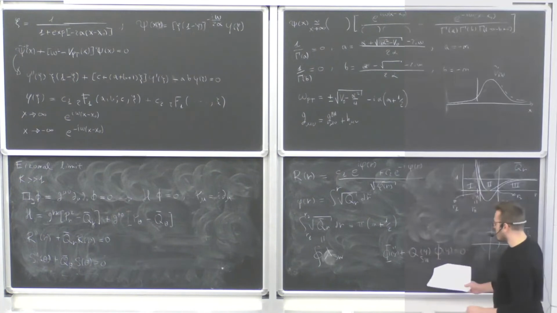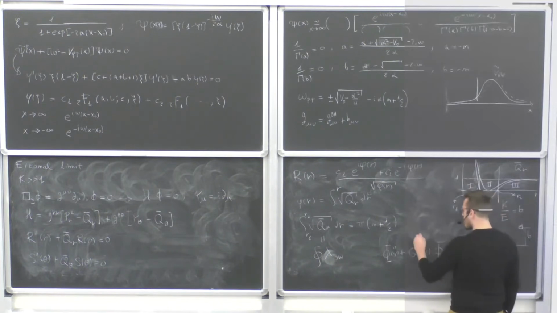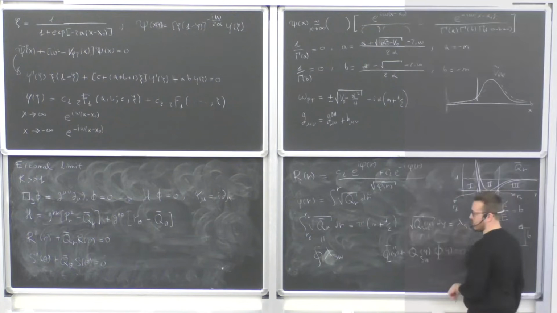And in the WKB limit, so when h bar goes to 0, the square root of q Seiberg-Witten of y dy will precisely become the Seiberg-Witten differential.